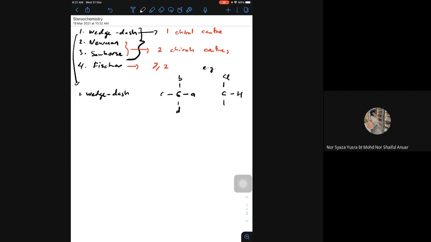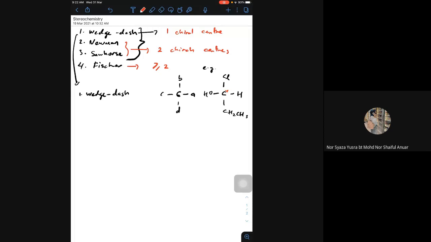You might also have an ethyl group, CH2CH3, and on this side, a hydroxy group. So this carbon here is considered the chiral carbon or chiral center.